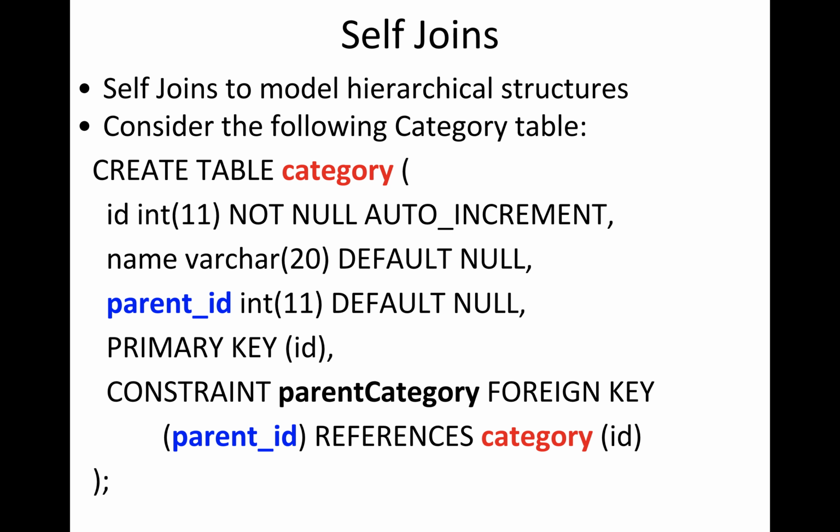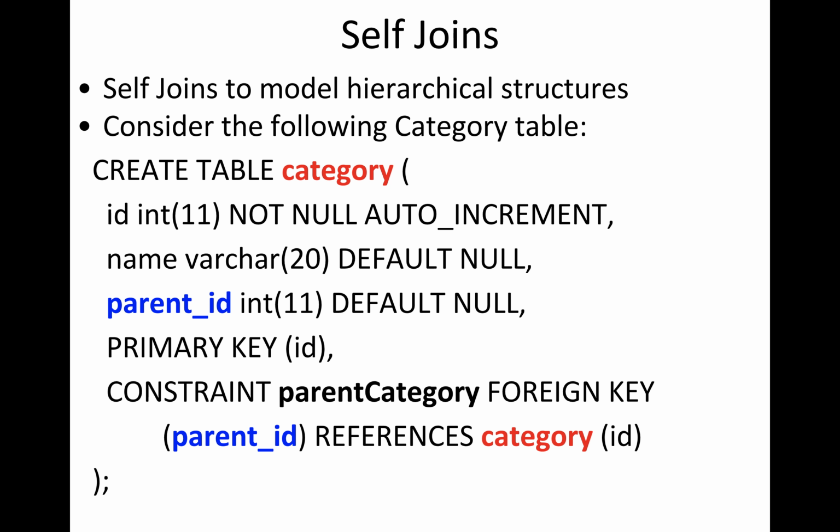Then self-join. Oftentimes, it's very common that you grab values from one table and you join it against values in another table where two fields are the same. That makes sense.